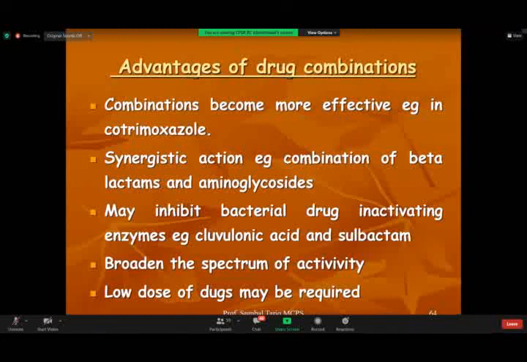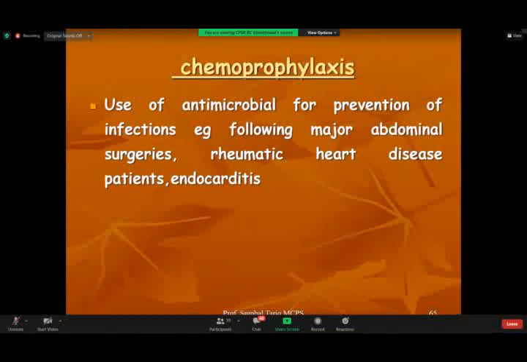At the same time, आपकी जो penicillin itself है, वो treat कर रही होती है infection को. You can also broaden the spectrum of activity by giving 2 or 3 drugs, like I told you before, and low dose of drugs will be beneficial for the patient, and you don't have to have toxic or side effects coming again and again. ठीक है?